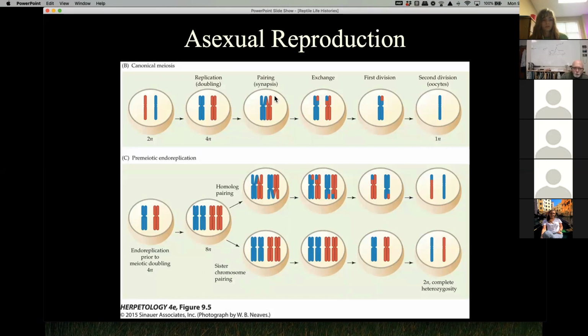And so normally under regular meiosis, what happens is you start off with a single diploid cell. This is during gamete formation. You get those chromosomes replicating during the S phase of the cell cycle.